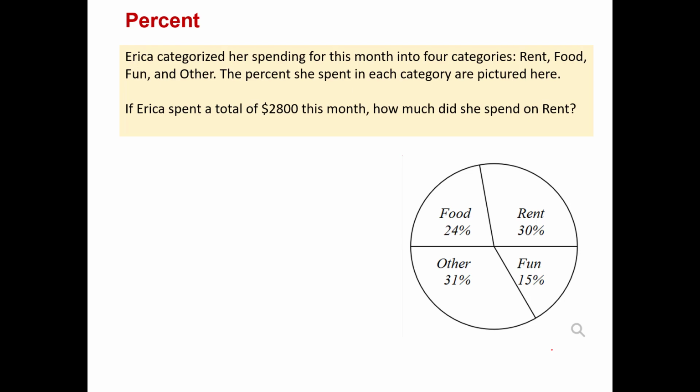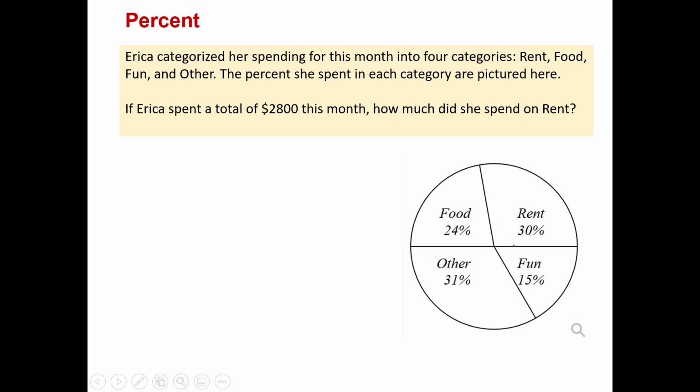The percent she spent in each category are pictured here. Then she spent 20% in food, 30% in rent, 50% in fun, and 31% in other. Then if Erica spent a total of $2,800 this month, how much did she spend on rent?